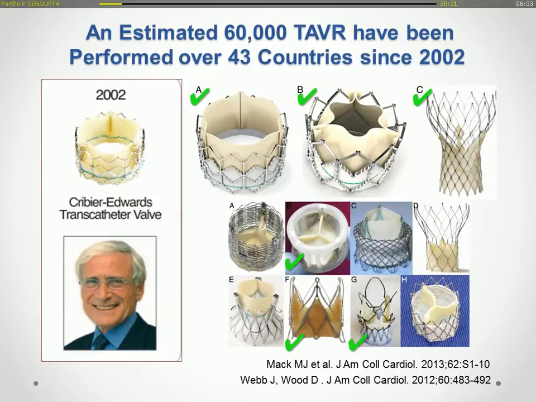Over the last 10 years, we have seen the evolution of the field. Currently, the data that is available maximally has come from the Edwards Sapien valve and the Medtronic CoreValve. And currently, there are 3 other designs which have received approval in Europe. In the United States, we currently have the approval from the FDA for the use of Edwards Sapien valves, and data is being captured for the Medtronic valve.